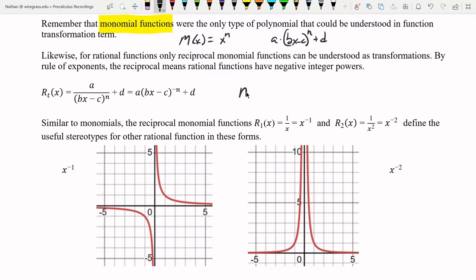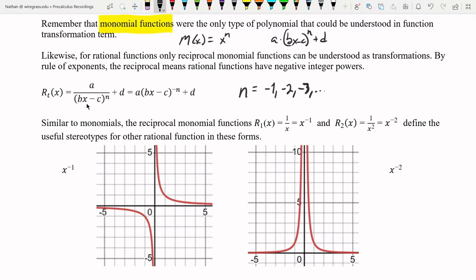Here we're looking at when n can be -1, -2, -3, and so on. That's what a rational function really is, a monomial, quote unquote, rational function.